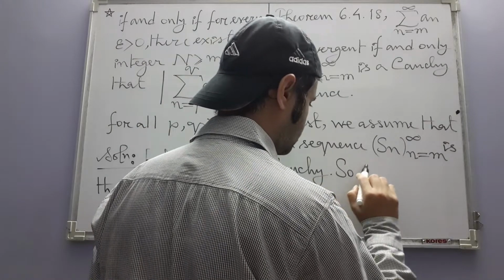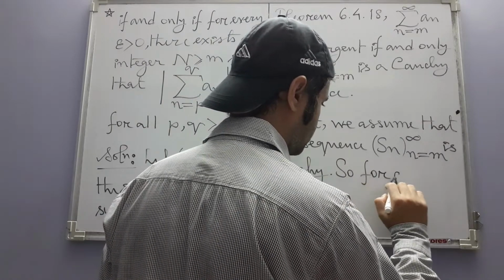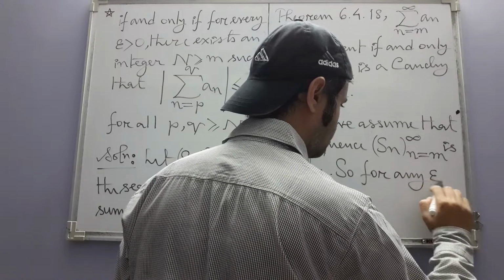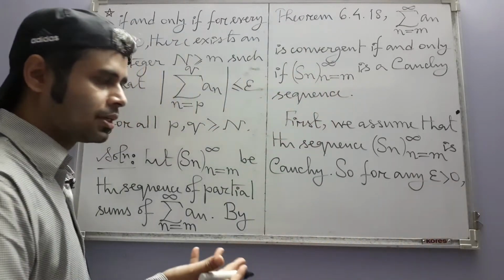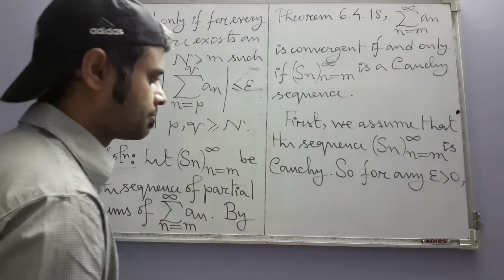So for any positive real number epsilon, we will now get something from this Cauchiness.